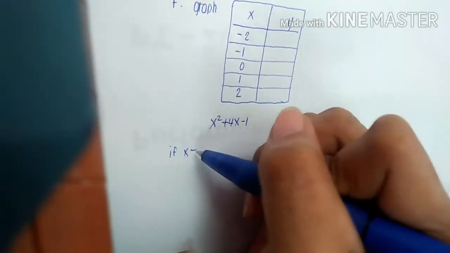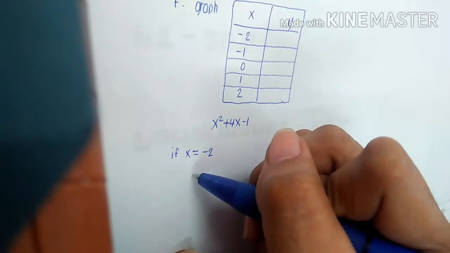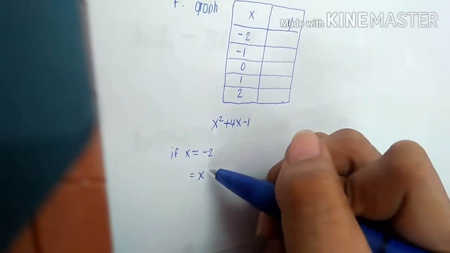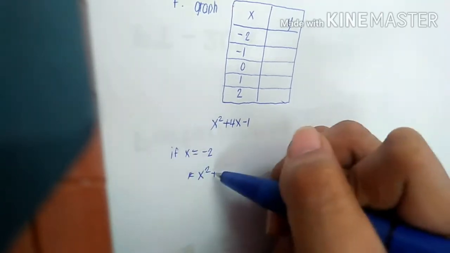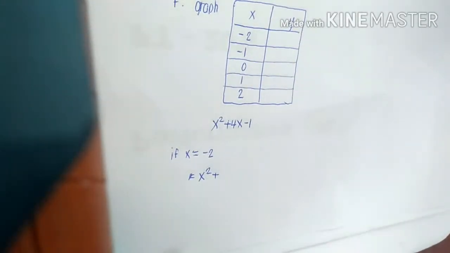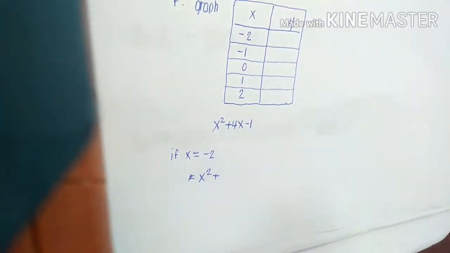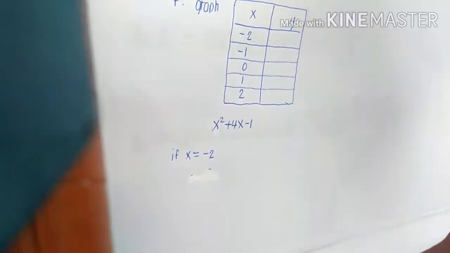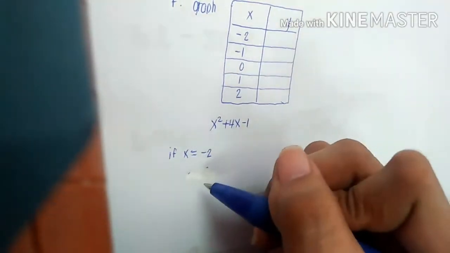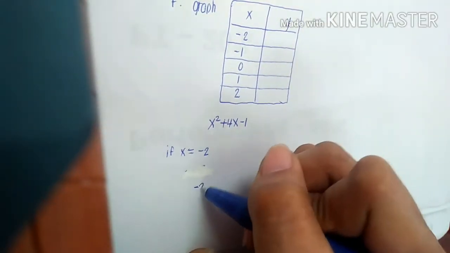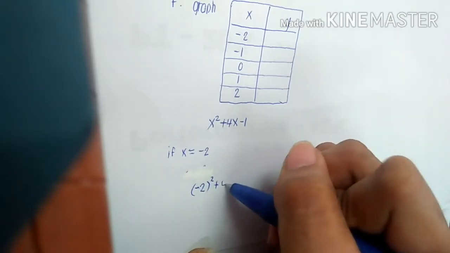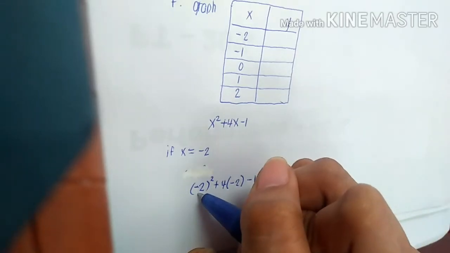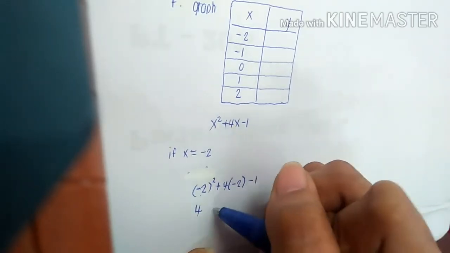So if x is equal to negative 2, negative 2 squared plus 4 times negative 2. So negative 2 times negative 2, this will be positive 4.